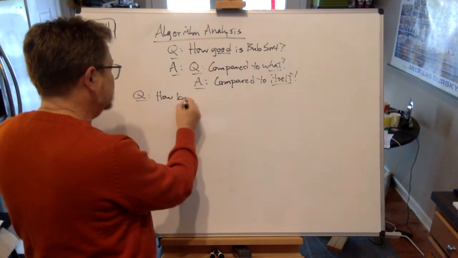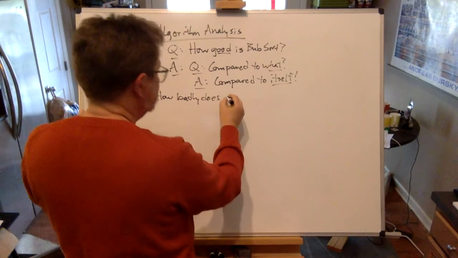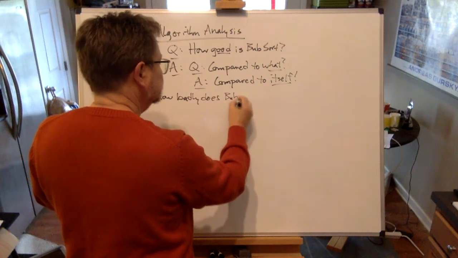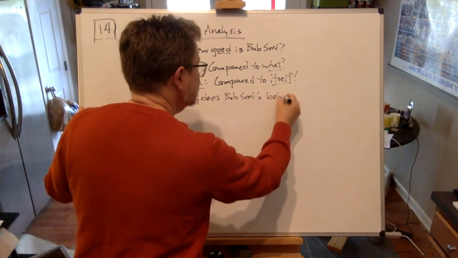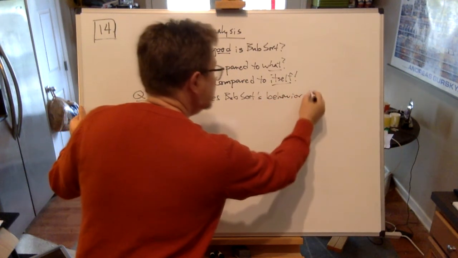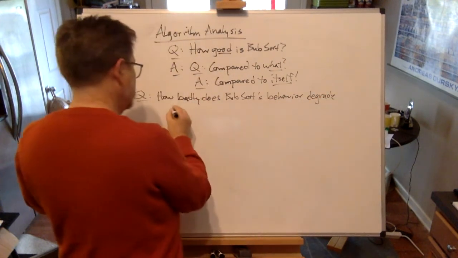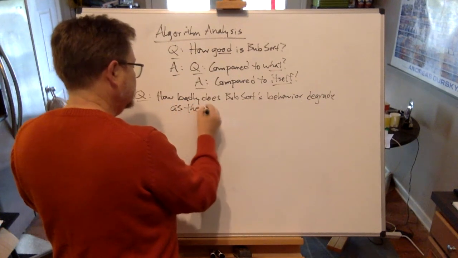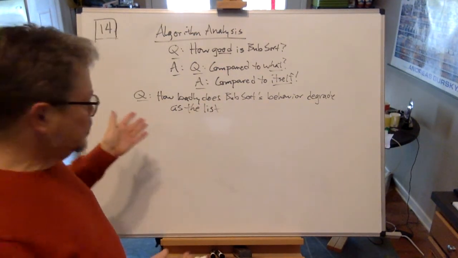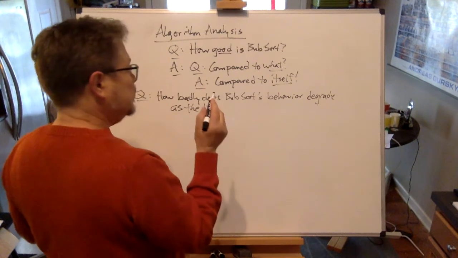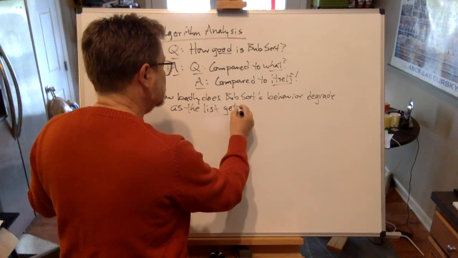How badly does bubble sort's behavior degrade or get worse as the list, which is the list that it's sorting, it's the centerpiece of the bubble sort, we've got to put this list in order, how badly does bubble sort's behavior degrade as the list gets larger and larger?